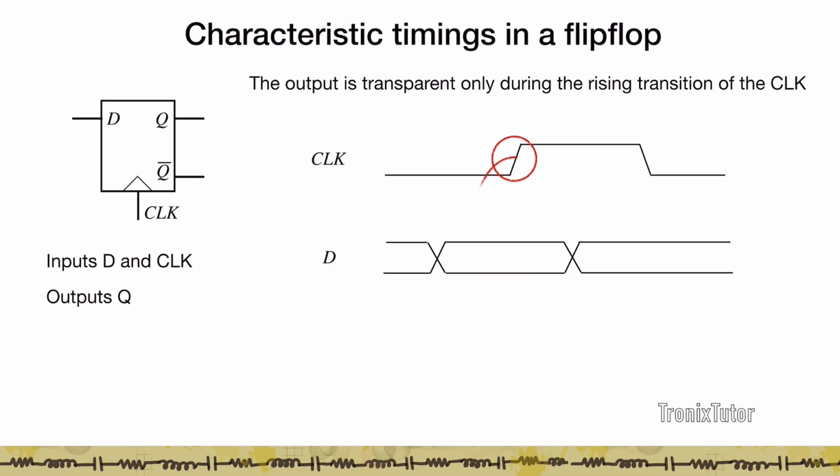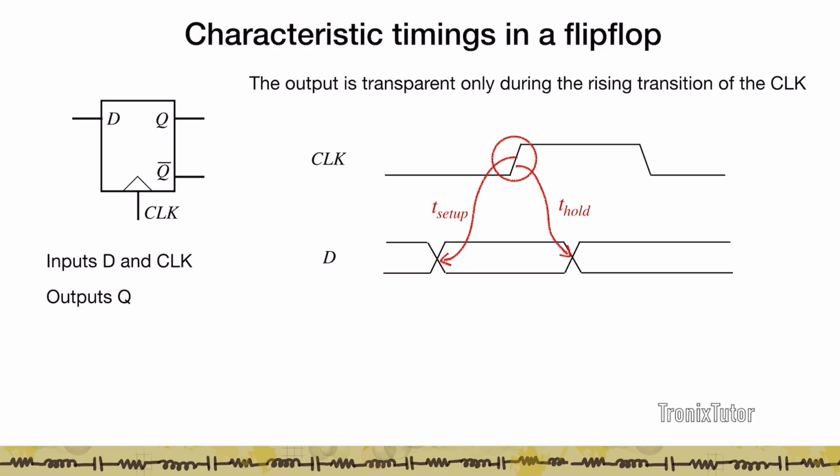So what we have is, to ensure that the flip-flop can perform faithfully, or can transmit the data from D to Q, the data signal at the flip-flop must not change sometime before the arriving edge of the clock. This time is known as the setup time of the flip-flop. So D must be stable for a setup time before the active edge of the flip-flop.